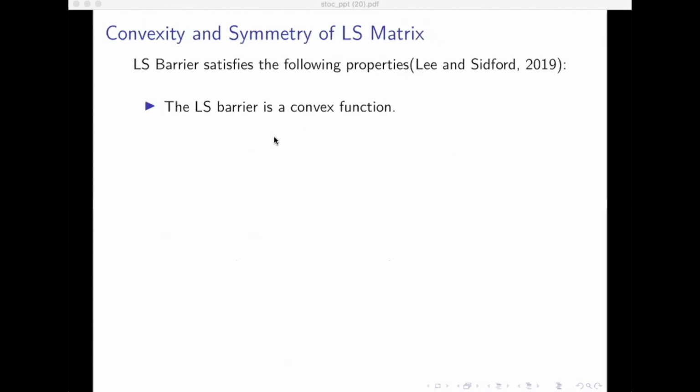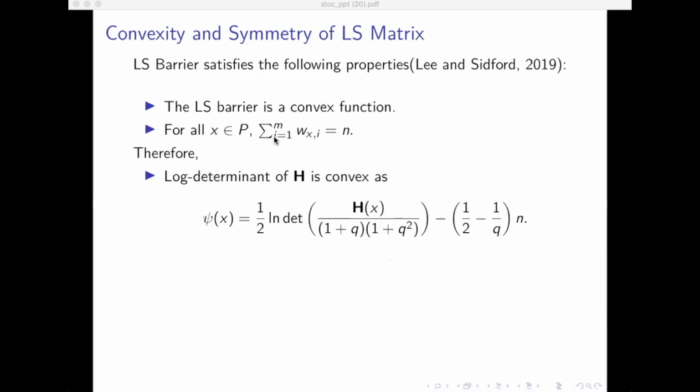The LS matrix satisfies all three of the aforementioned properties. The LS barrier is convex, and for all x in the polytope, the maximum is achieved at a value of w such that the sum of the weights is equal to n. The LS barrier can be restated as constant times log determinant of the LS matrix plus a constant, and hence the LS matrix satisfies convexity.